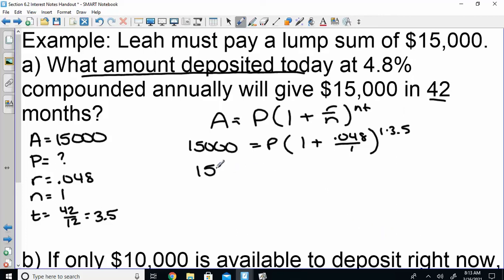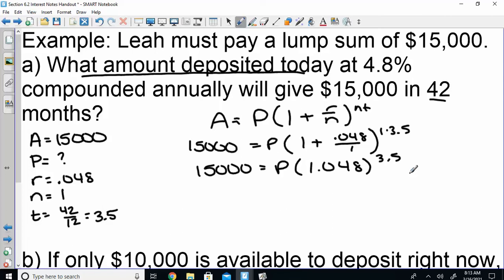I'm going to simplify just a touch. 1 plus 0.048 divided by 1 is 1.048. 1 times 3.5 is 3.5. Now I could go ahead and put that in my calculator, but it's going to give me a pretty ugly answer. If I want P, what do I need to do with this whole thing?